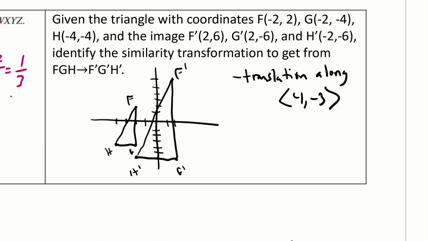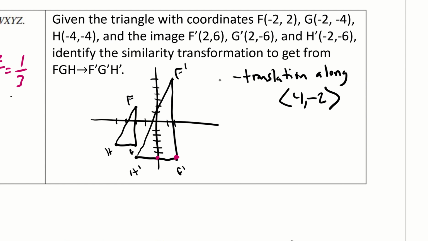Okay, so far we got G is here, H is here, and then this, if I move it down 3, oh, I'm sorry, not down 3, down 2, sorry. This should say 4 to the right and down 2.